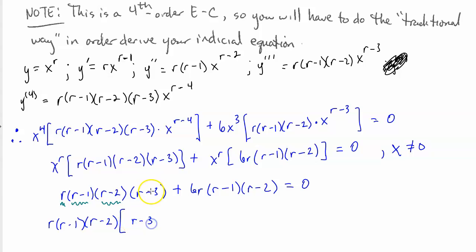And we keep the r minus 3 in the first term. And we keep the plus 6 in the second term, equals 0. And of course, r minus 3 plus 6 is just going to be r plus 3.